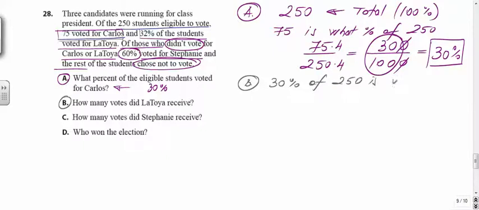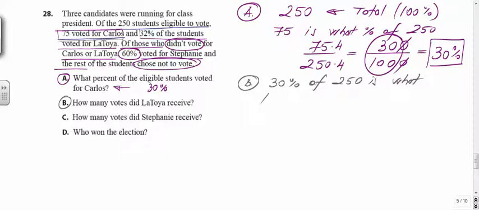Is what? How can we find that? Well, 30% of 250 is what? You can set up an equation in many ways.